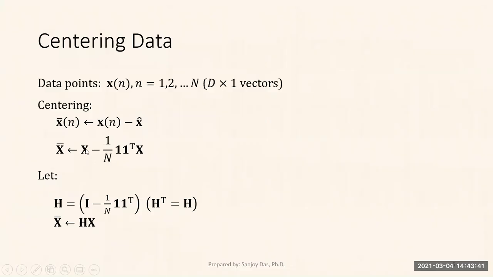So this is what I just showed you. Each of these rows of this X here is a sample point transpose, right? And then from that, you are subtracting x hat transpose.